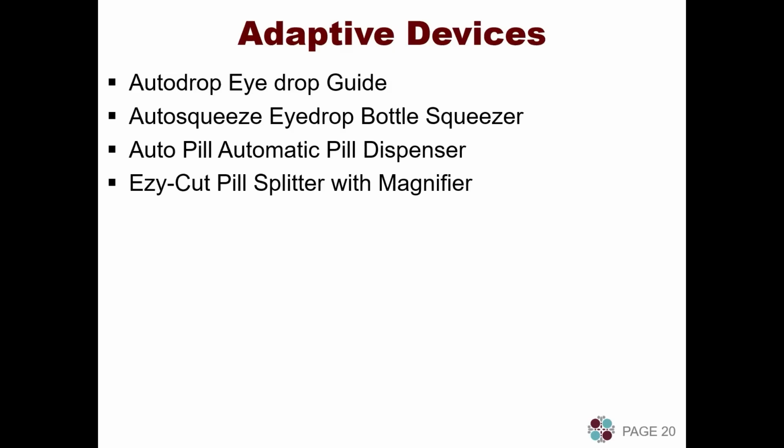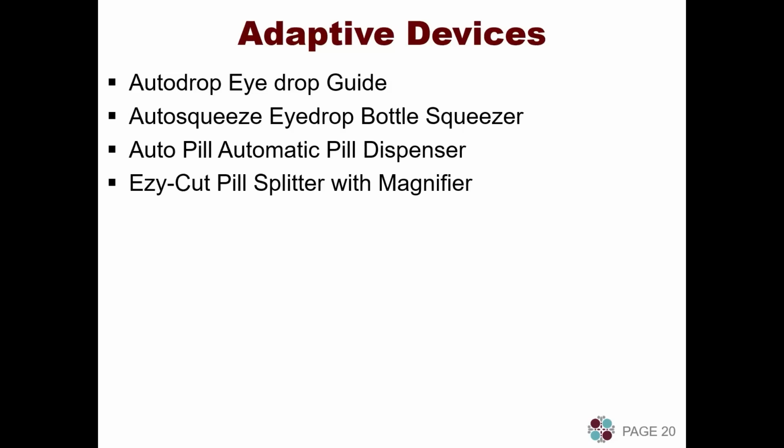Some of the devices we just wanted to share: the Auto Drop eye drop guide. This is a device that will help stabilize the bottle, keep the eye open, and help direct the eye drop into the eye. There's also an Auto Squeeze eye drop bottle squeezer. You attach it to the bottle, and it has little levers that make it easier to squeeze the bottle.